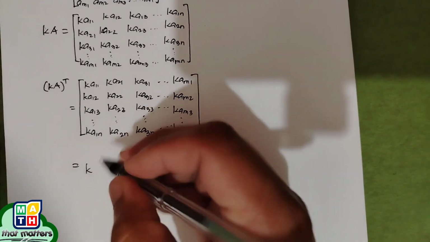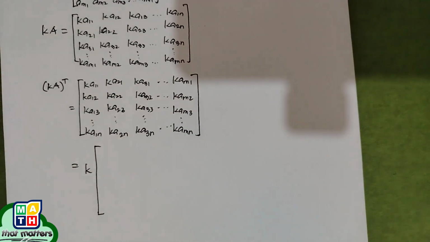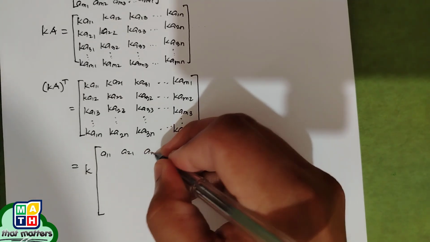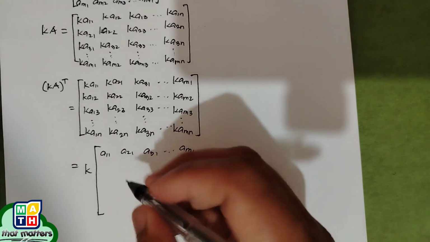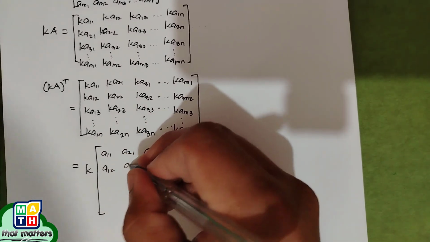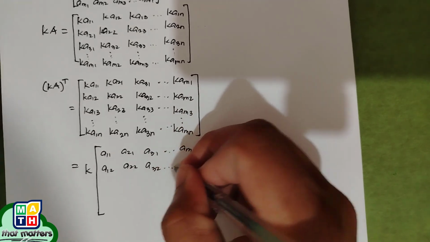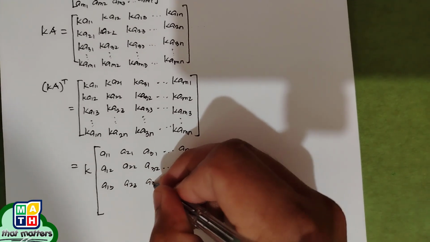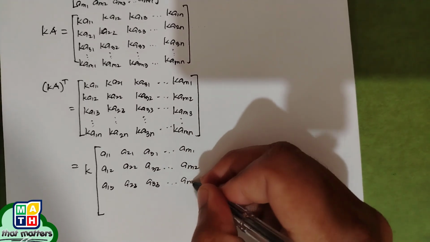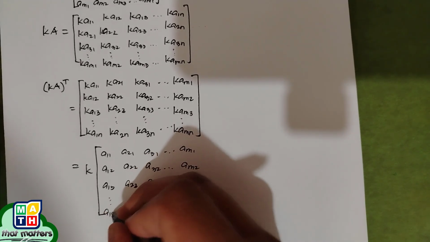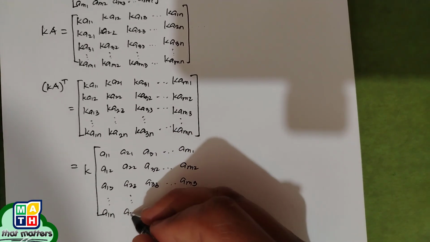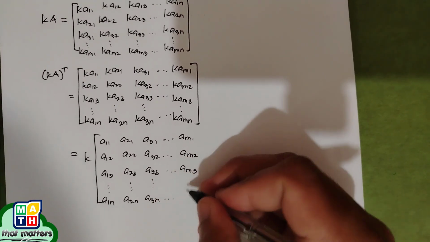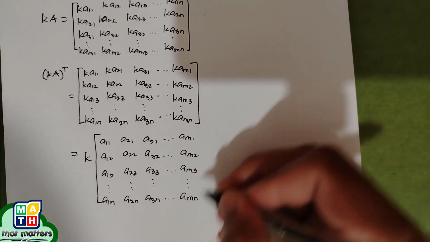Once you factor out k, what remains in our matrix would be these components only: A11, A21, A31 until Am1; A12, A22, A32 until Am2; then A13, A23, A33 until Am3; and here you have A1n, A2n, A3n, and Amn.